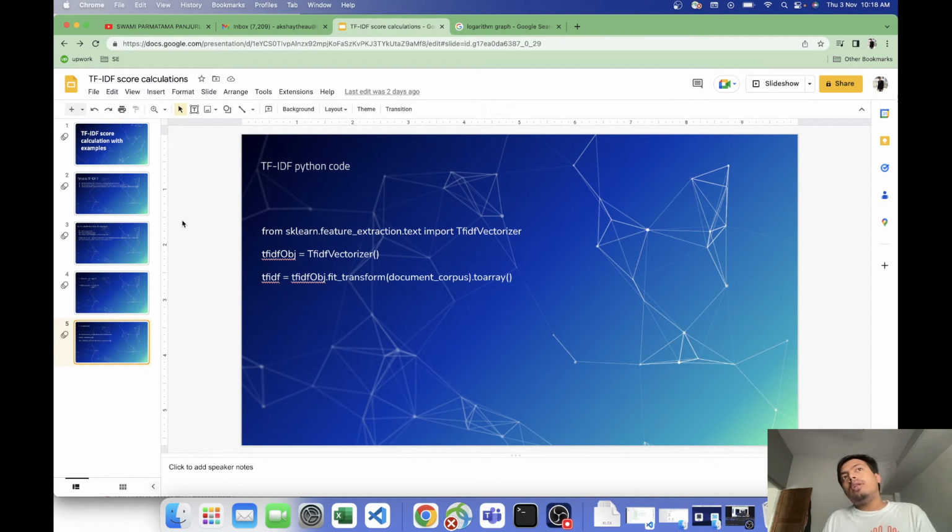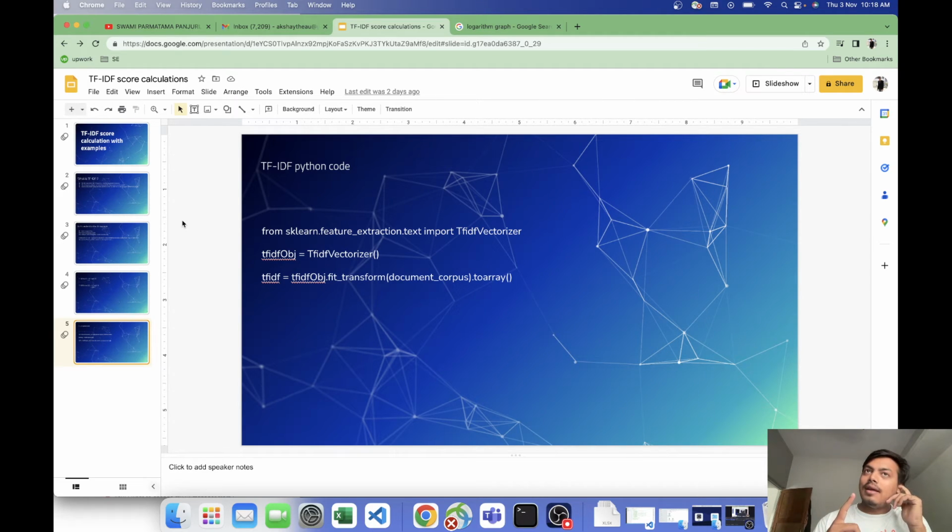Now in TF-IDF we also have some drawbacks. Let's say we use words like cricket, and then a similar word, a synonym.